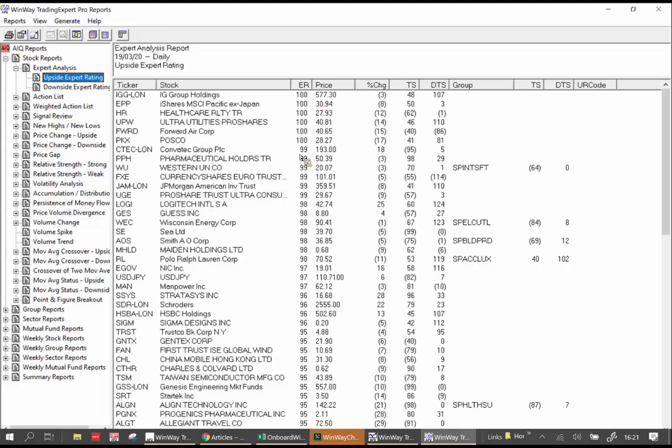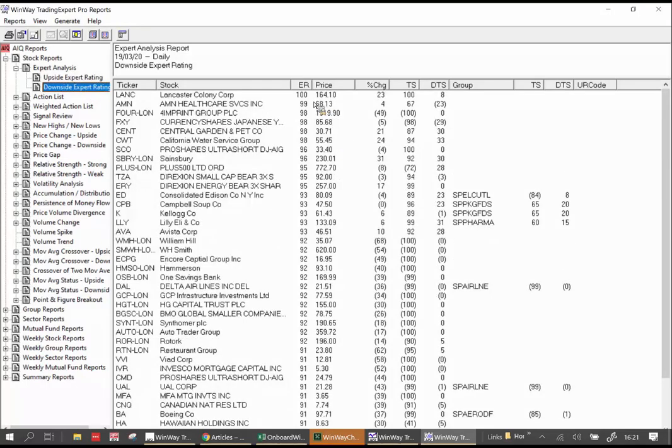So you can very quickly, instead of tripping through the stocks, just look at your report and find all those stocks which, as it says here, on the 19th of March, which is close of play yesterday, had an expert rating of 100 up, or for that matter, if we wanted to, 100 down. Depending on where we think the market is going today, who knows, and where your strategy is for trading.